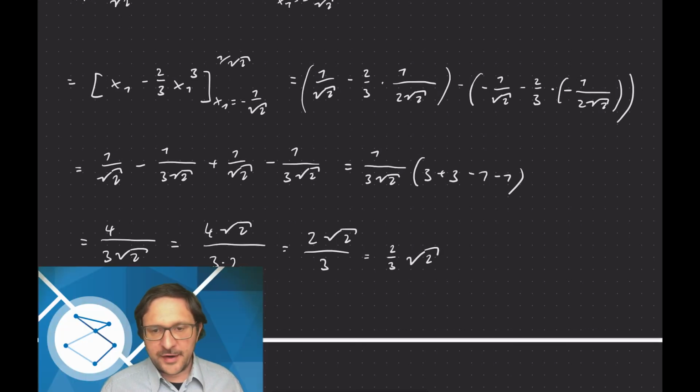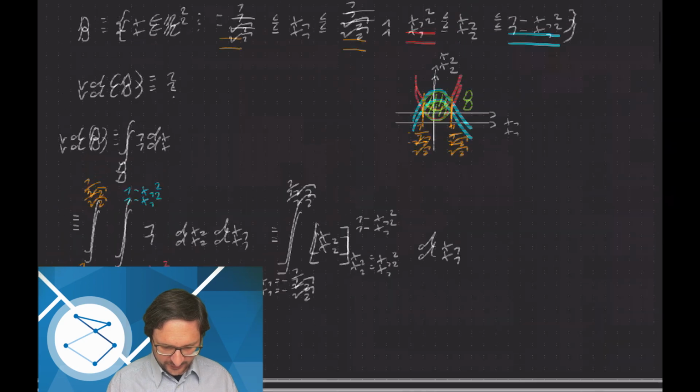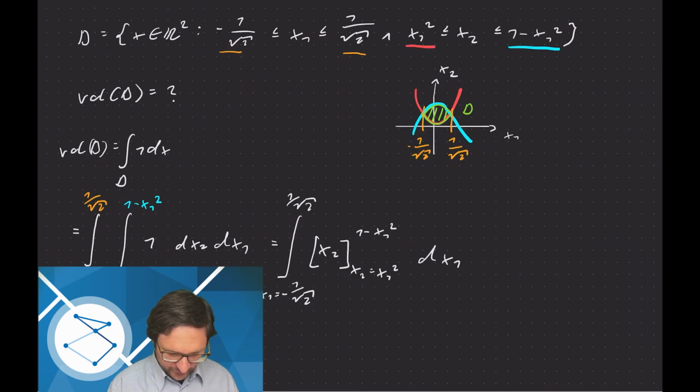Okay, so that is the area of that set D, that normal domain here that we defined in the beginning. And of course, in this case, we just integrated the very simple function 1 to start with, and then it got more complex with the first step.